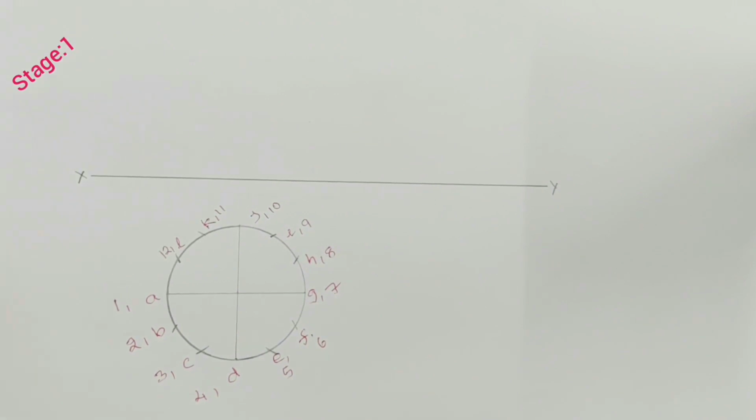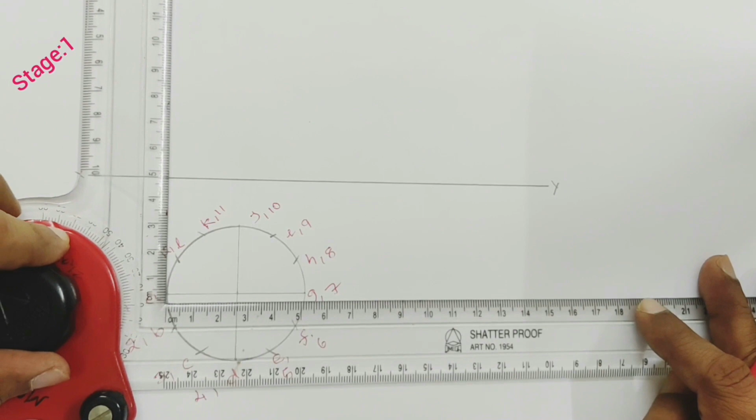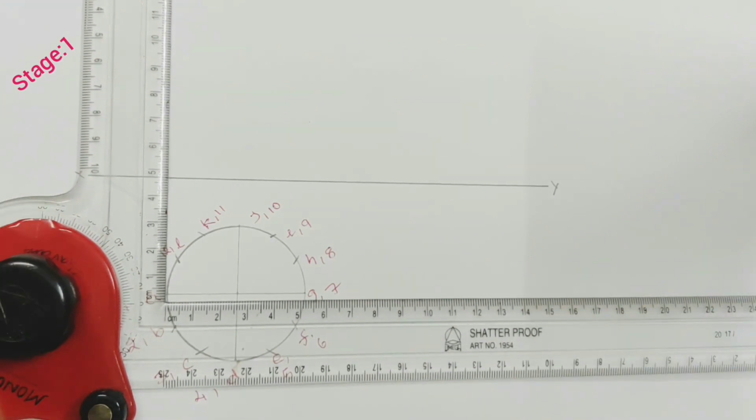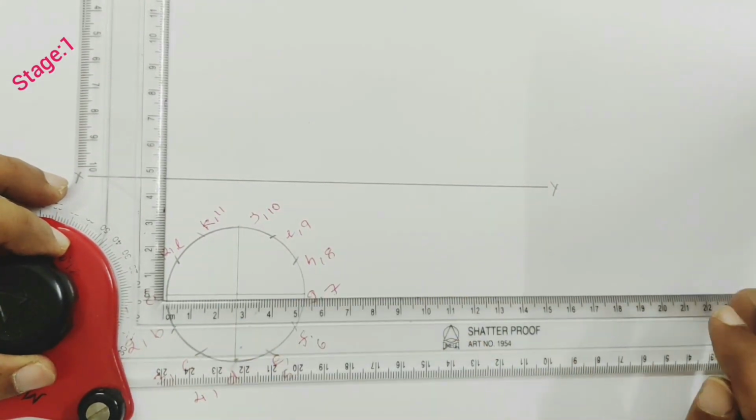Then we will draw projectors towards the vertical plane for drawing the front view. The front view gives the true length of the axis. So draw projectors from the various division points on the top view.